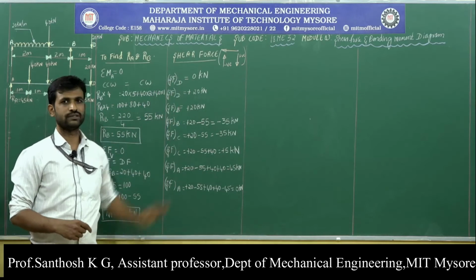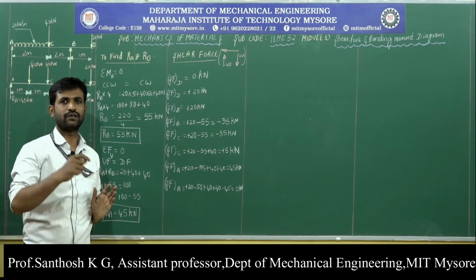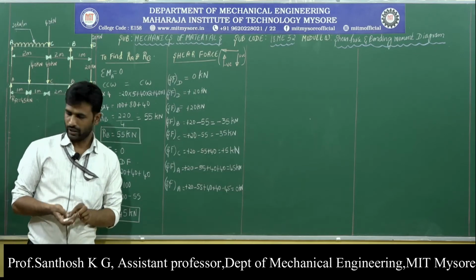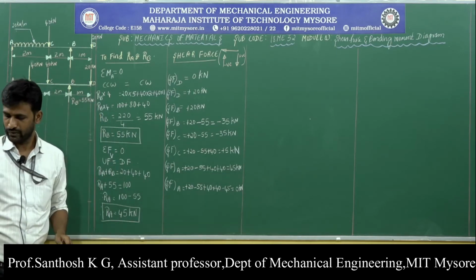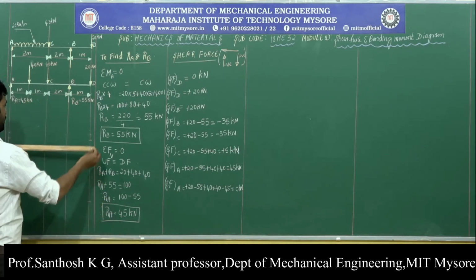Now, using these shear forces, let us try to write the shear force diagram. So, in order to write the shear force diagram, first I should draw a reference horizontal line.